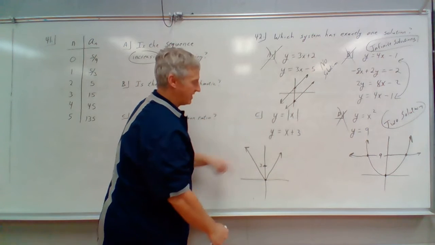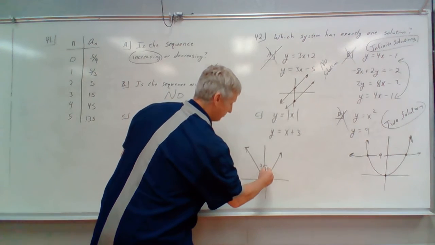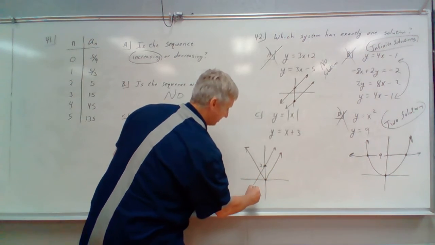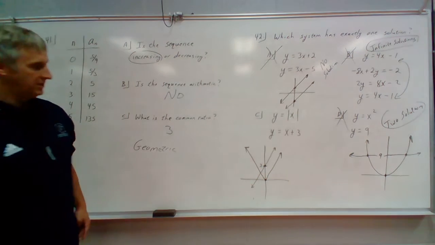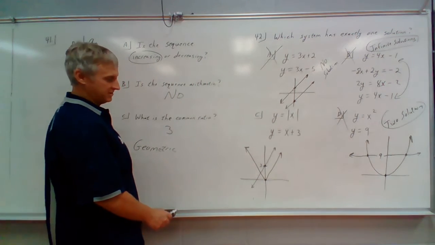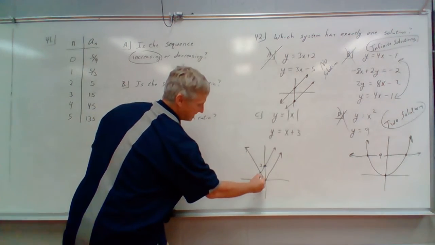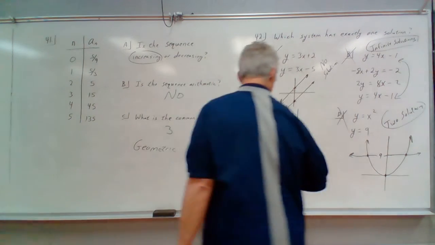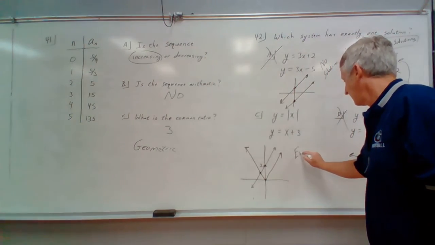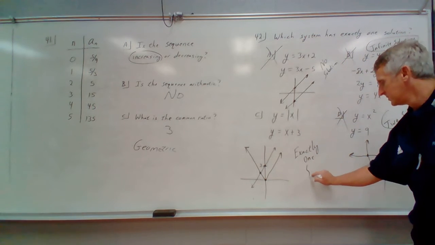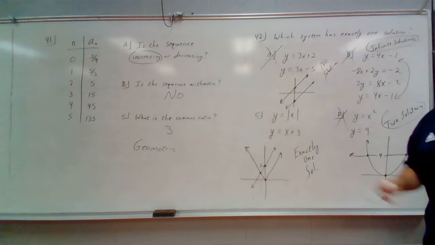On this side, this was y equals x. So we go up like that, and down like that. Okay. And it has the same slope as this half of the absolute value. So you can see that this one has exactly 1 solution. So exactly 1 solution. All right, so that's the right answer.